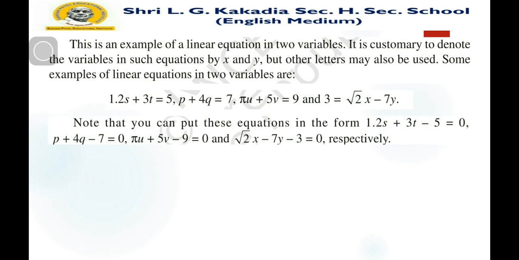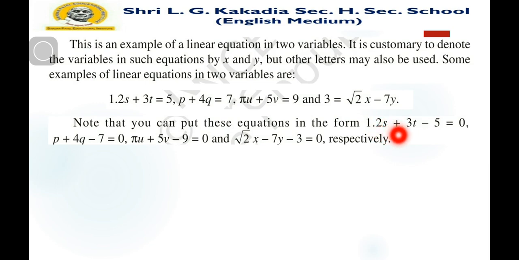Note that you can put these equations in the form 1.2s plus 3t minus 5 is equal to 0, p plus 4q minus 7 is equal to 0, pi u plus 5v minus 9 is equal to 0, square root 2x minus 7y minus 3 is equal to 0 respectively, by moving the constant from the right-hand side.